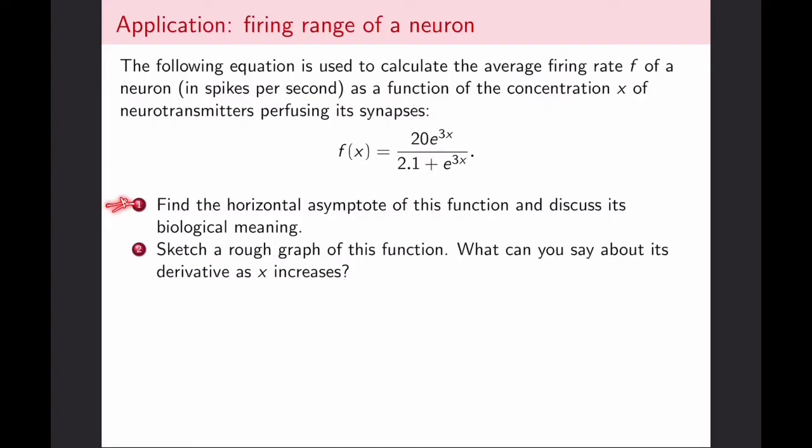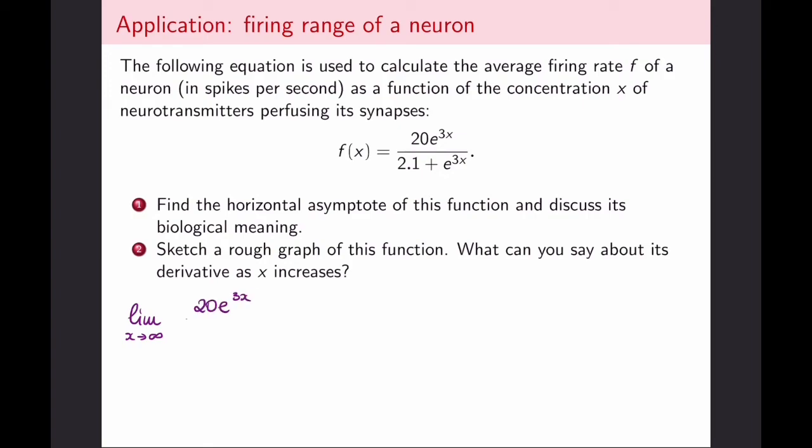Find the horizontal asymptote of this function and discuss its biological meaning. So recall that for horizontal asymptotes, much like with rational functions that we talked about last time, there's only one method of finding them, and that is to take the limit as our variable goes to infinity or negative infinity, but in this case, negative infinity doesn't make sense as x is the concentration in our function.